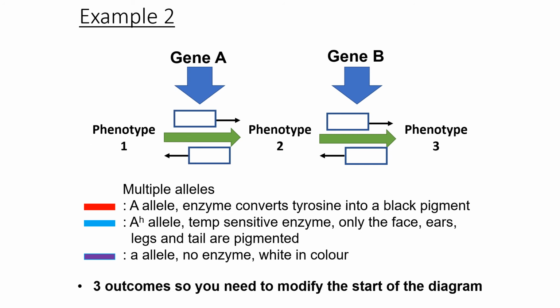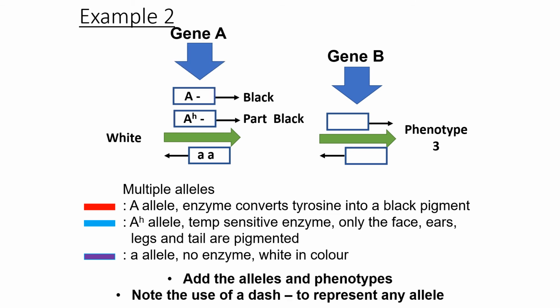The obvious first problem is that for gene A, we have 3 alleles, but in our diagram, we only have 2 little boxes. So we're going to have to adapt the diagram to get started. So we've modified the diagram to give us our 3 alleles for gene A. We have our homozygous recessive genotype, which is the 2 lowercase a's, which then gives us phenotype 1, which in this case is white fur.